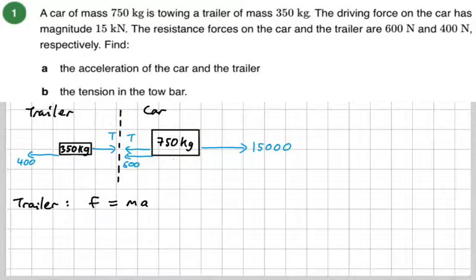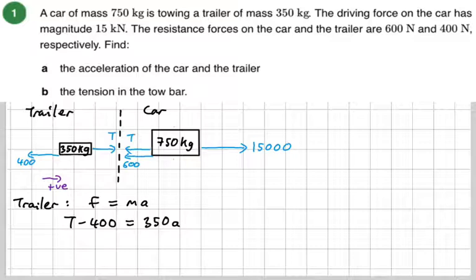We're all going this way, so it makes sense that positive direction should be to the right, which means T here is a positive force and the 400 resistive force is a negative force. So T minus 400 is our resultant, and that's equal to the mass 350 times A. We don't know A, so just leave it like that for now. We can't go any further than that because it's one equation with two unknowns in it.